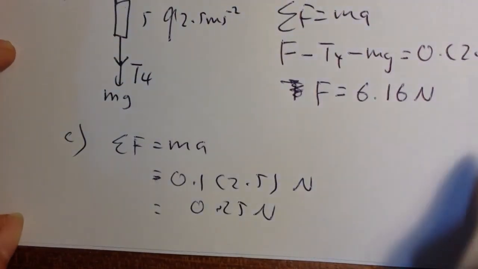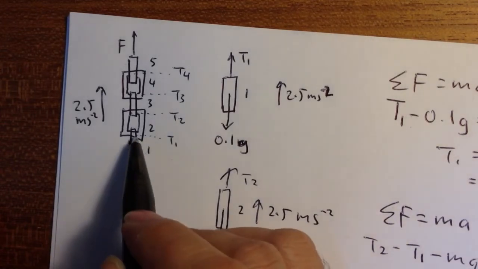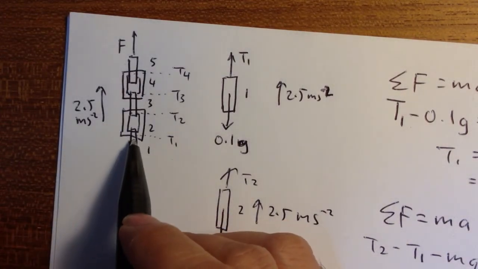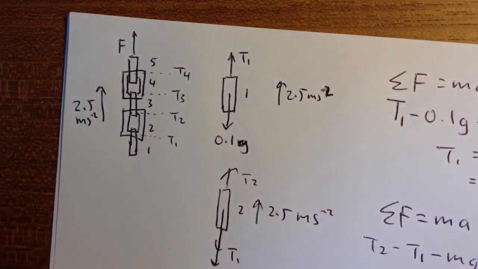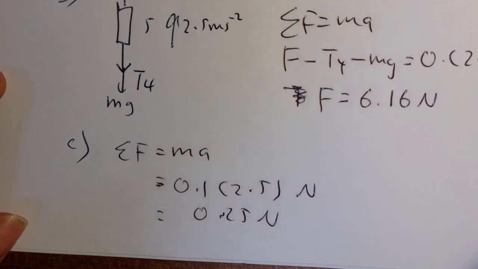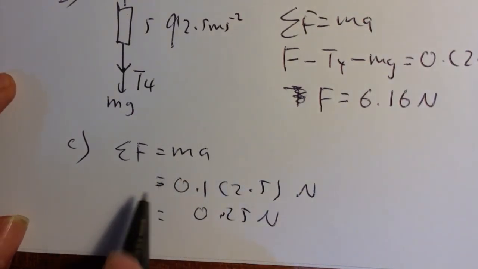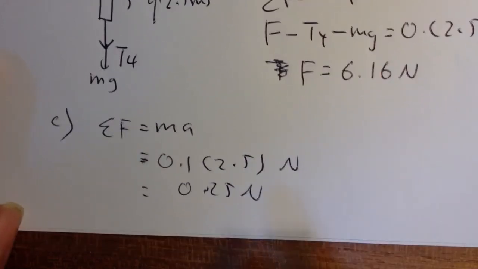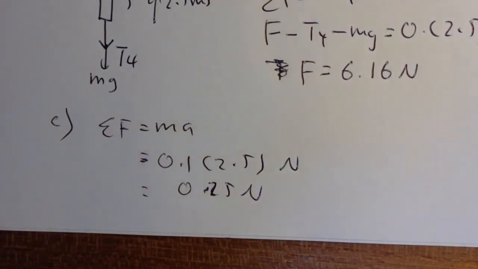So although the tensions experienced by the links are different, from T1 to T4 and even F, the net force experienced on each link is given by ma, and since each link has the same m and same a, they have the same net force acting on them, 0.25 Newton, and that's it.